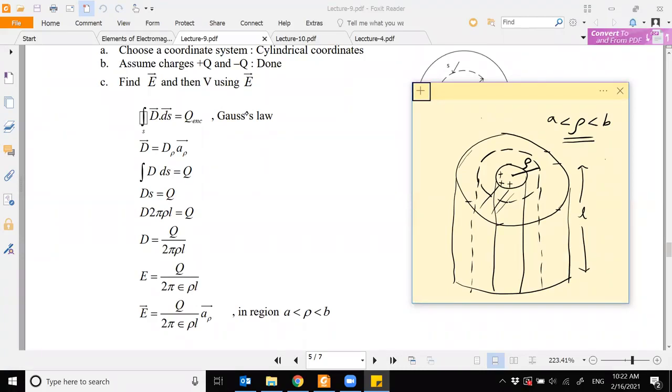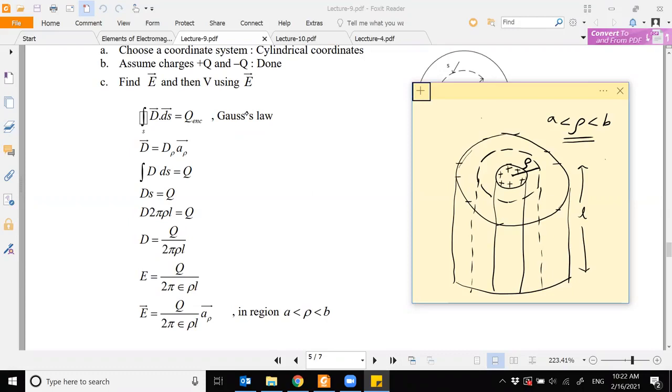Outside the cylinder. Yes. So we have two cylinders. If you see here, we have two cylinders. So sorry, the two conductors, this one and this one. So this is negative charge. This is positive charge. So now think about it.